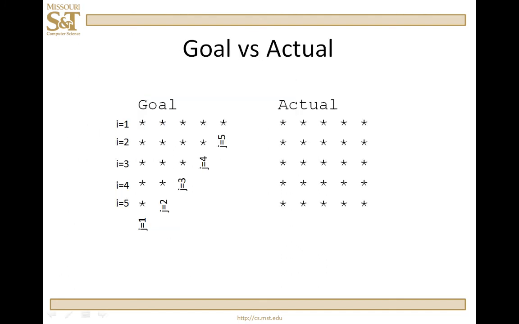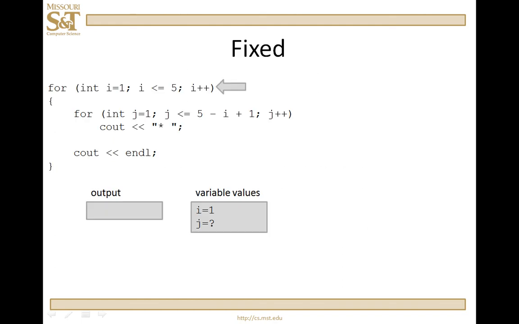Okay, so what we ended up with then is what we have here on the right. That's the actual result of our code. What we wanted was what's on the left. Okay, let's try again. I think we've got it fixed now. So what I'm going to do is run through this and see how it all progresses.